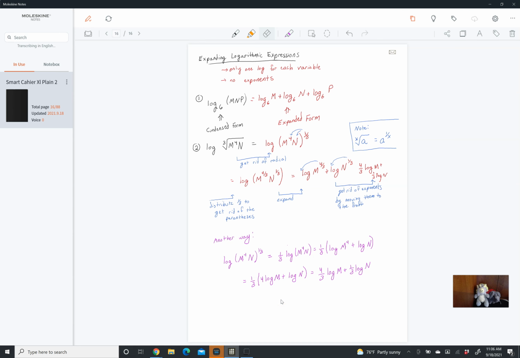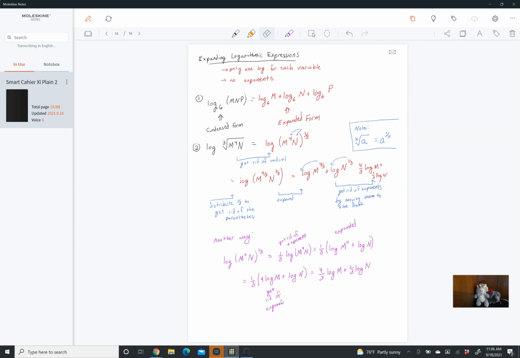Okay, so in this case, we got rid of an exponent. Then we expanded. Then we got rid of an exponent again. So notice that this is a little bit less efficient because you're doing the same step twice.